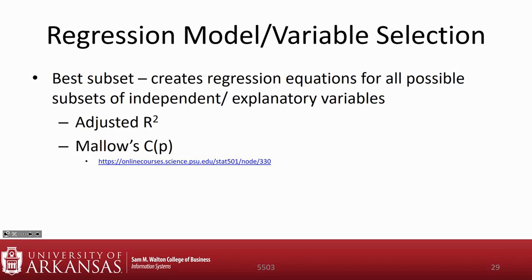There's a link if you want to learn more. I like adjusted R-squared for this one. You can rank them and decide, here's the best subset with the highest R-squared. If I lose one more variable, my R-squared doesn't change that much. You can start to decide based on that. And I've got examples of all this here.